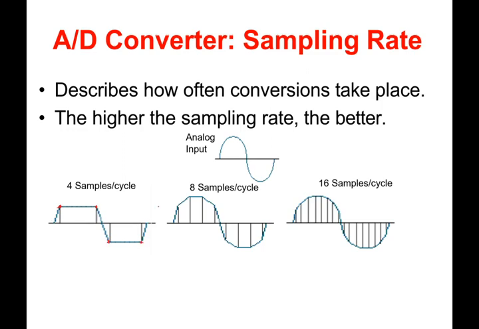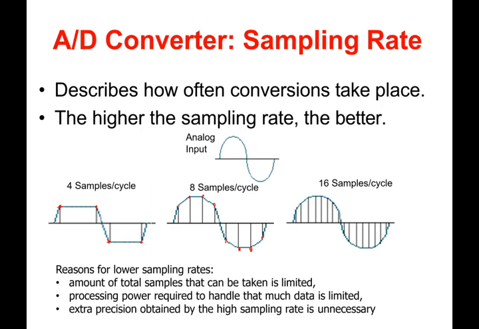If you have 8 samples per cycle, these are the points that you are sampling. So your wave looks more like the original wave, and if you increase the sampling rate, you essentially are going to increase the accuracy.